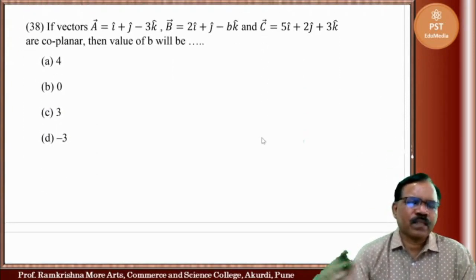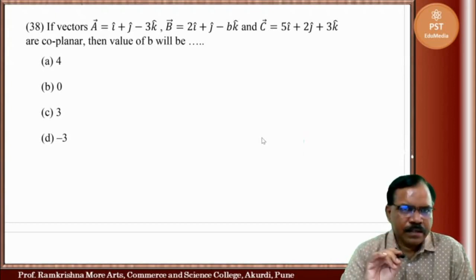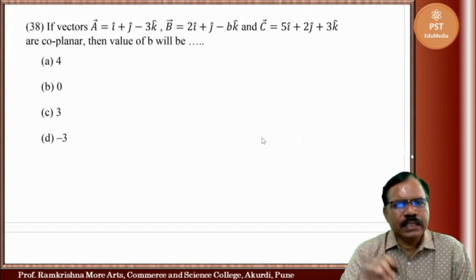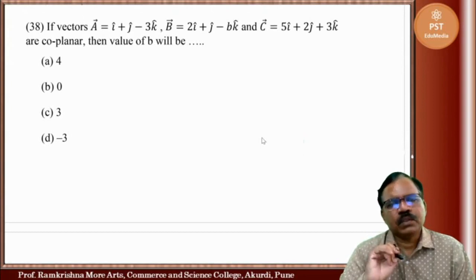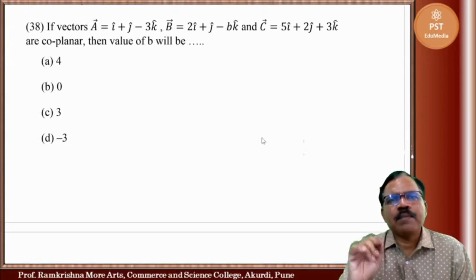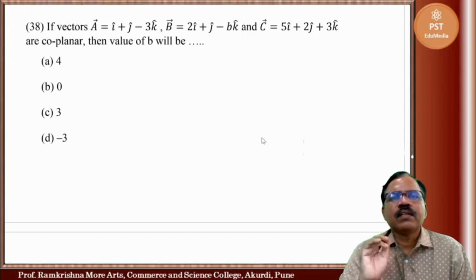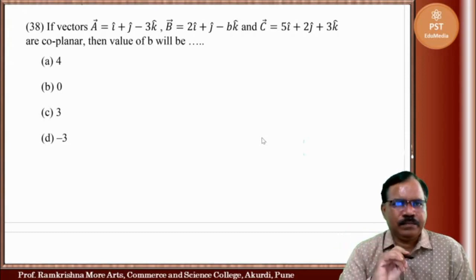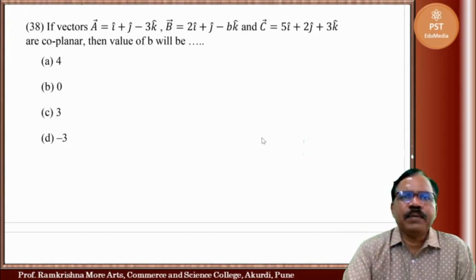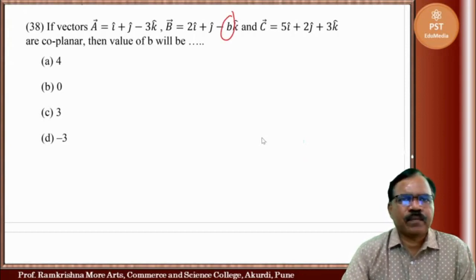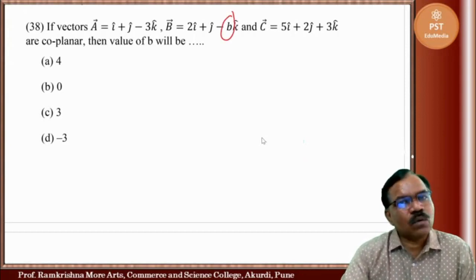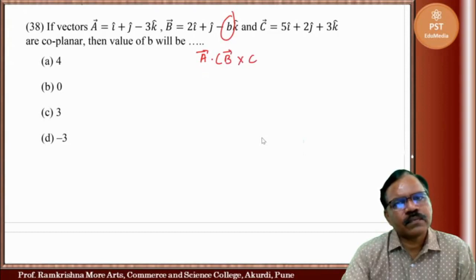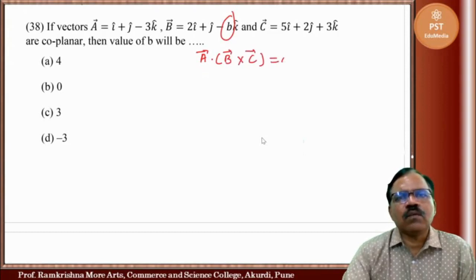Now next one. If A equal to i plus j minus 3k, B equal to 2i plus j minus bk, C equal to 5i plus 2j plus 3k are coplanar, then the value of b will be. Now when three vectors are coplanar, their scalar triple product is equal to 0.